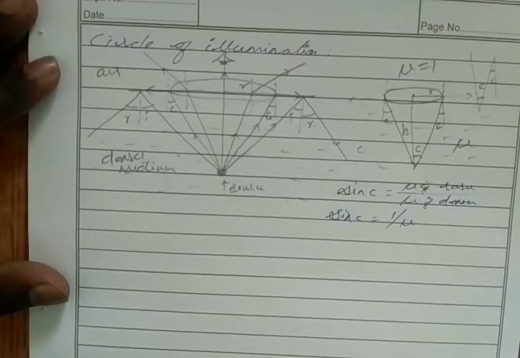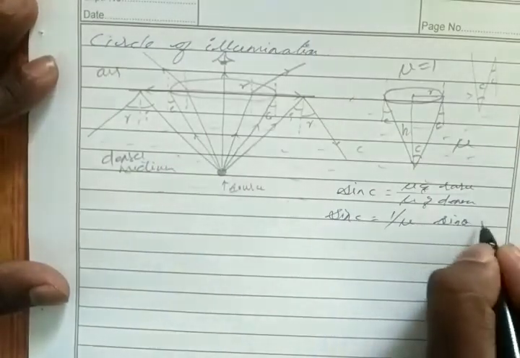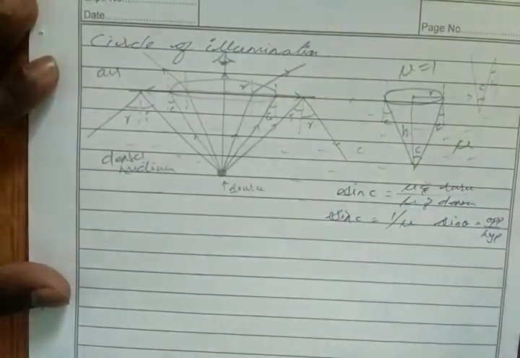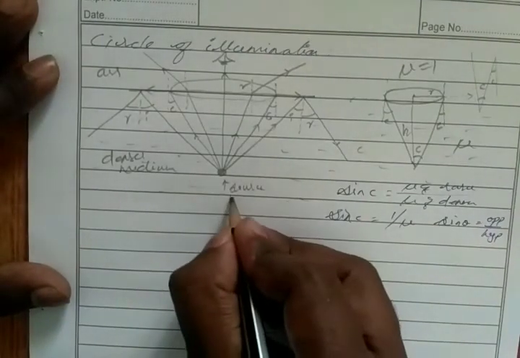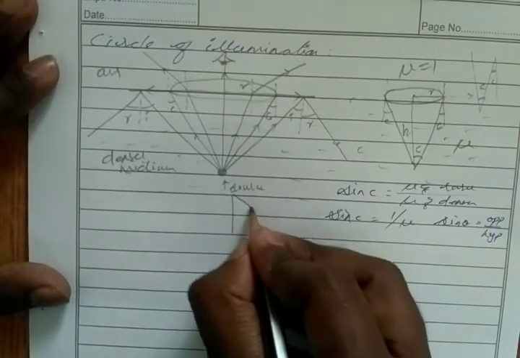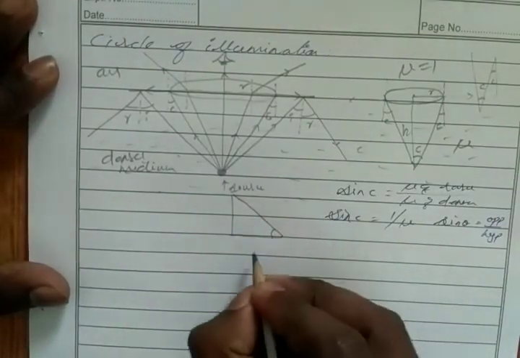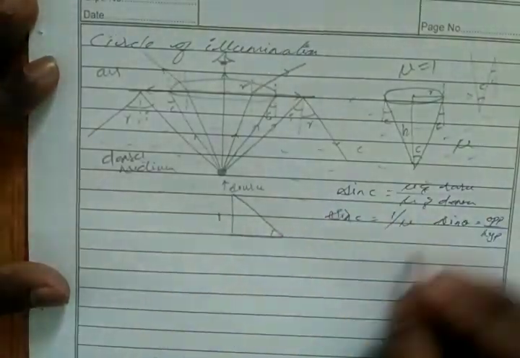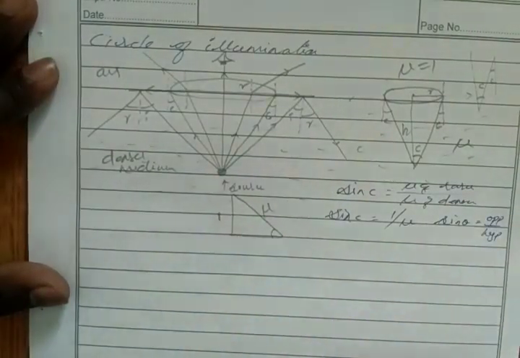Then use the trigonometric function for sine. We know sin theta is opposite by hypotenuse. So in a triangle, our sin C is opposite by hypotenuse. Opposite is 1, hypotenuse is mu. Then what is adjacent?